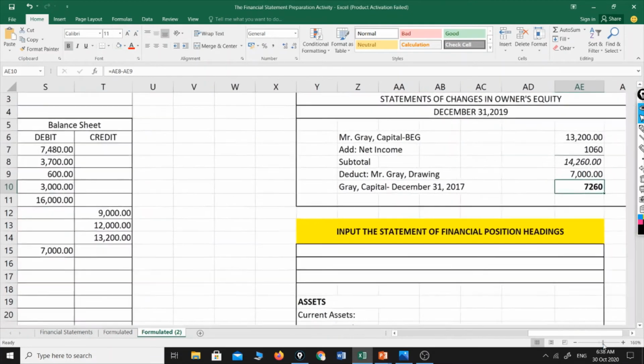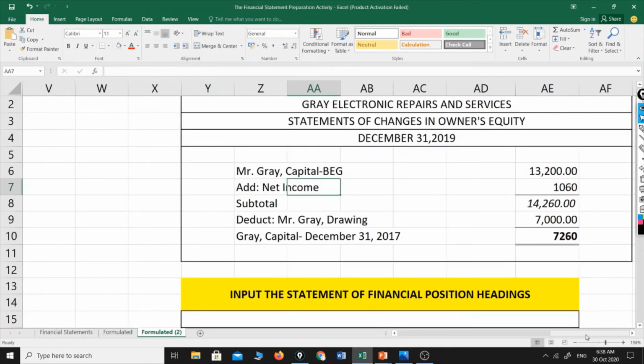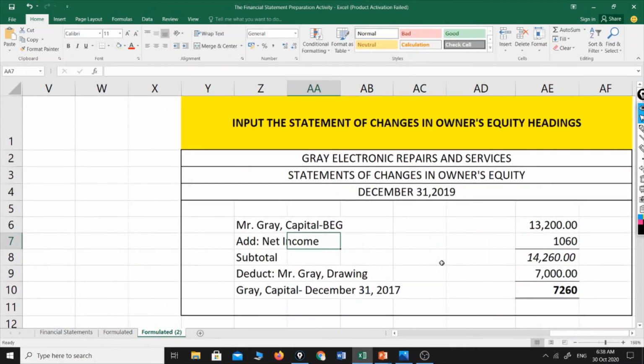So how did we make it? First we make the heading, and then if there is additional contribution, we should also indicate that one. But in this case, there's no additional contribution from the owner, so we just directly add the net income that we earned for this year. This net income amount is from the income statement or from the worksheet.